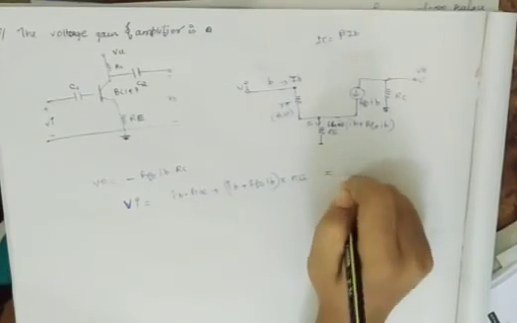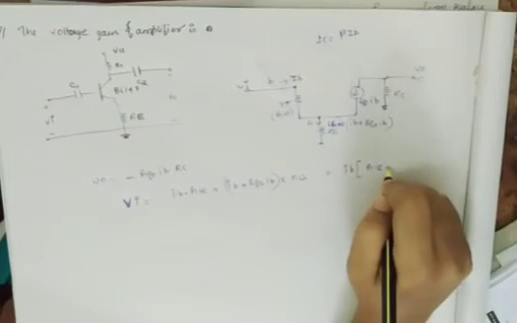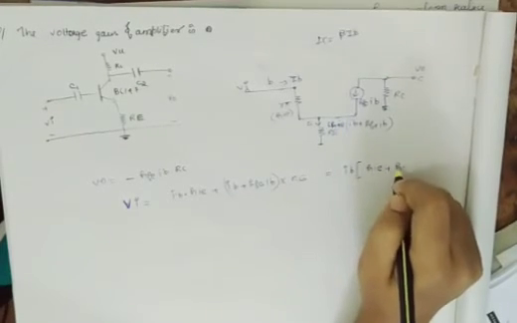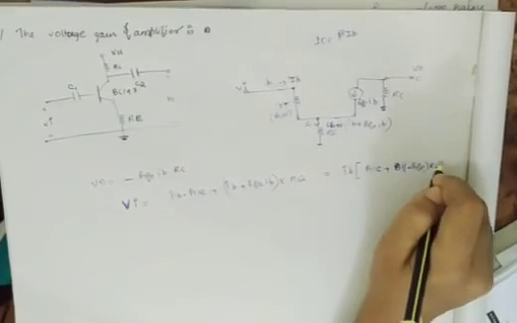So I am taking IB outside, I will get IB into (HIE plus (1 plus HFE) into RE).